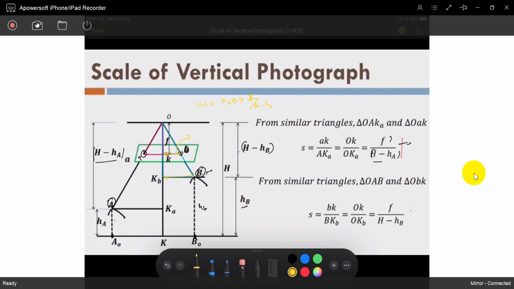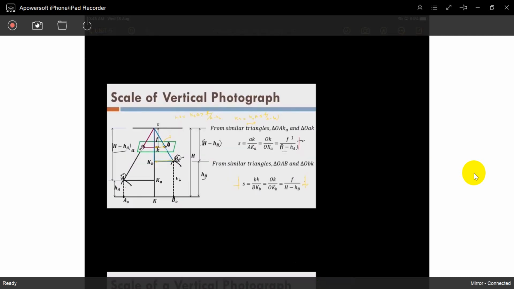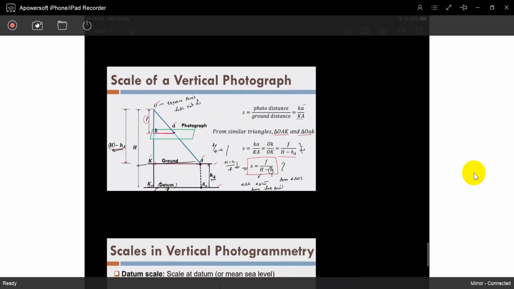You will get it like this. Otherwise, for small a, Ka equals capital A into F by H minus HA. So every point has different scales. Understood? Got the idea? If different points have different scales, how can you get uniformity?